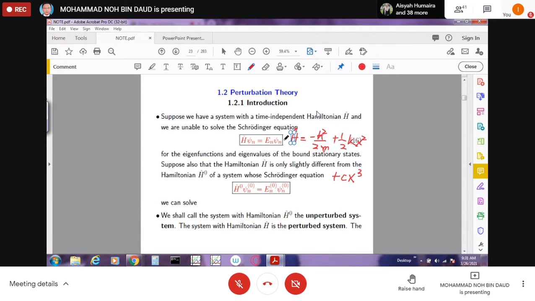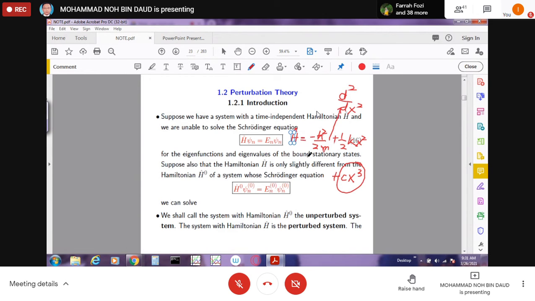So for this anharmonic system, the Schrödinger equation, the second differential equation in dx squared, cannot be solved exactly because of this cubic potential.